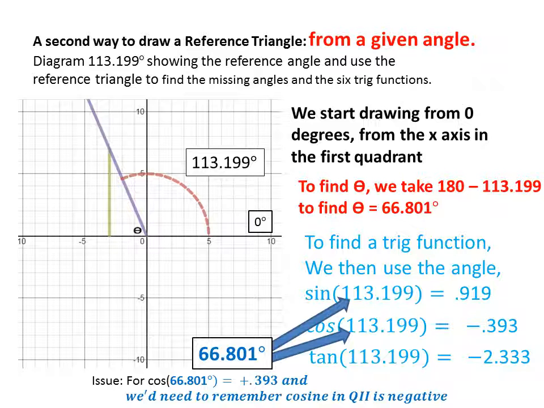The same thing would happen with tangent. If I put tangent of 66.801, I would have gotten a positive 2.333, and I would have needed to know to put a negative in front of that. So that's why I use the larger angle, but it doesn't matter if we remember the little saying that we did before, all students take calculus.